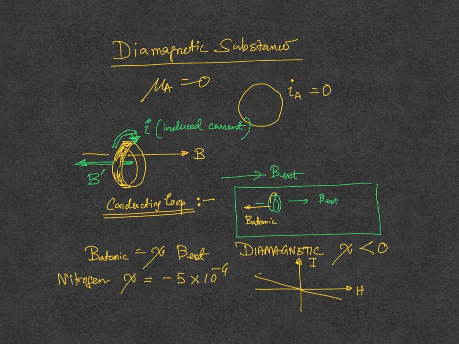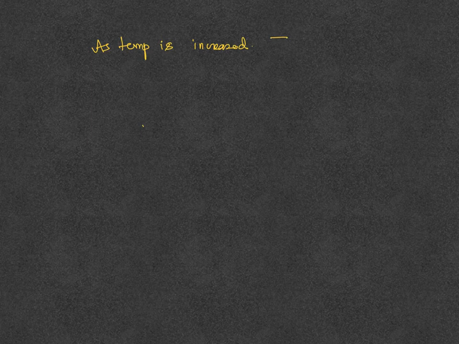Remember, all matter has a diamagnetic property because Lenz's law is a true law in nature. So even paramagnetics and ferromagnetics have a diamagnetic property. And one thing I will discuss: as the temperature is increased, the intensity of magnetization decreases due to randomization.